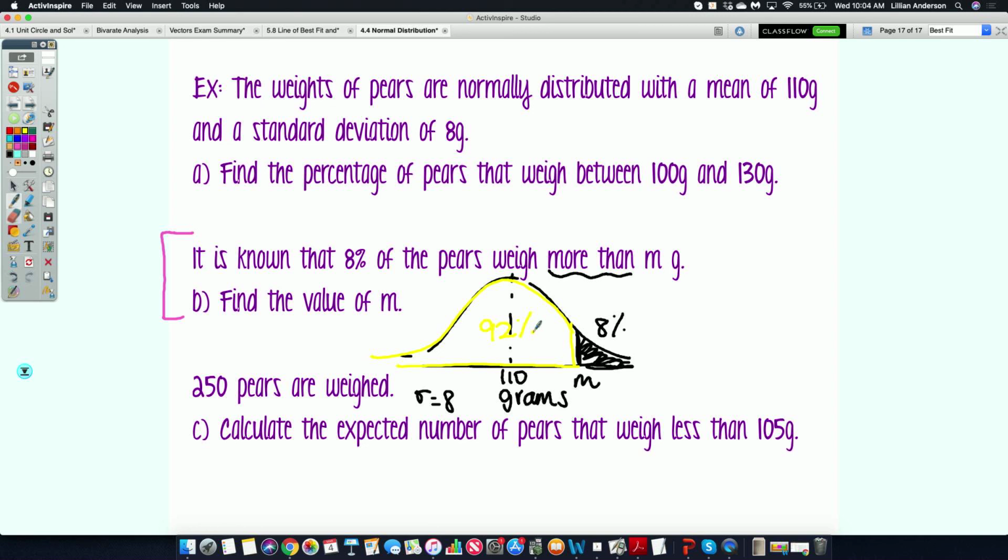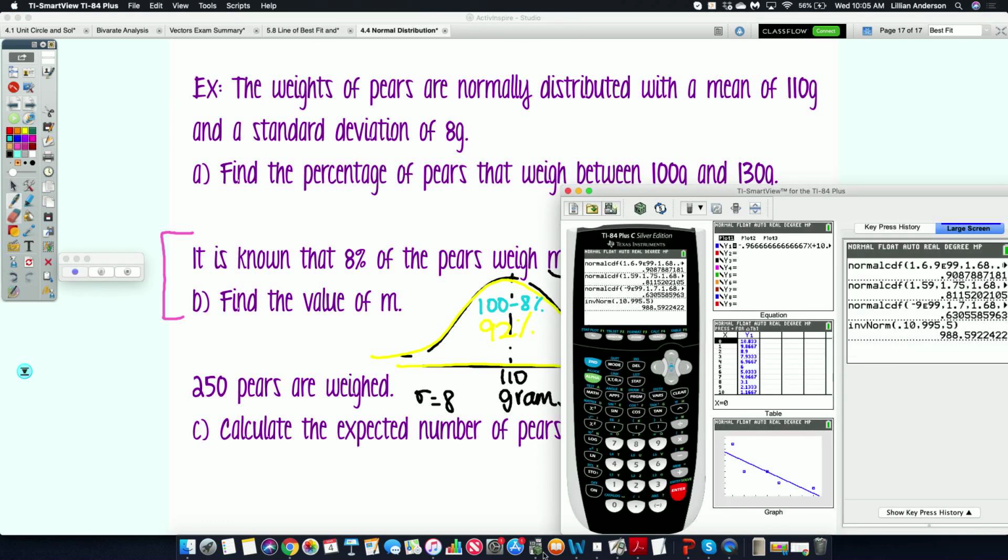It's always the area that's to the left. More than lets you know that it's going to be shaded to the right, but what we have to type in is going to have to be to the left. Now, you color calculator people, when it comes to the option, you can put 0.08, you just have to say right.